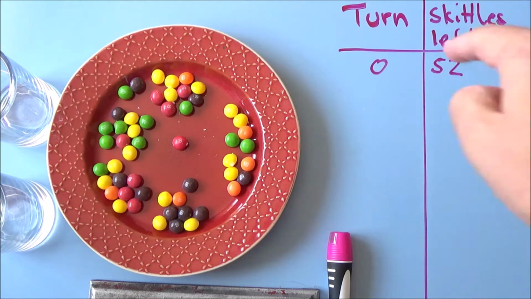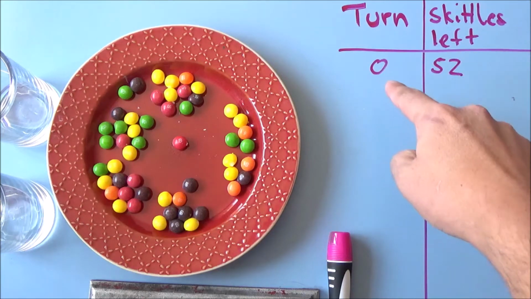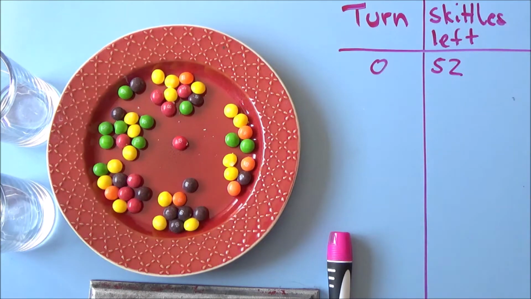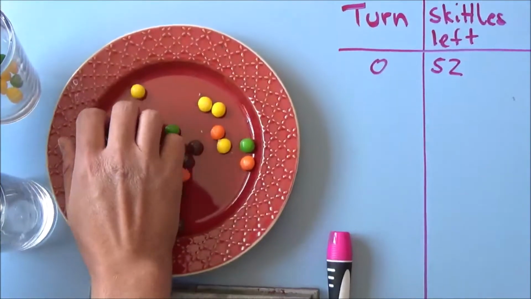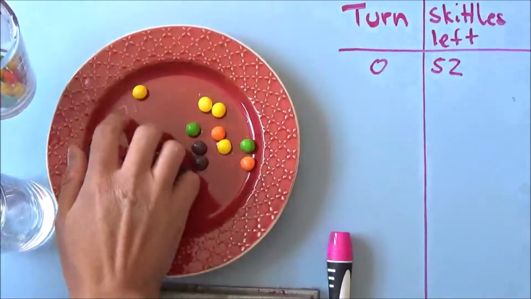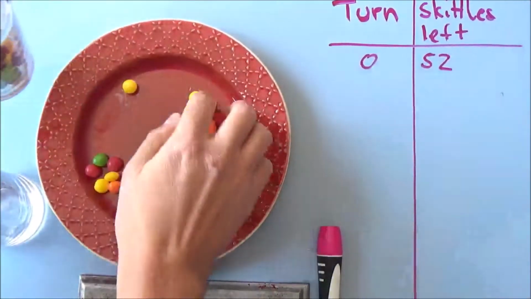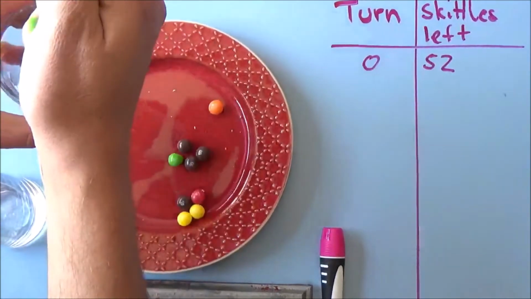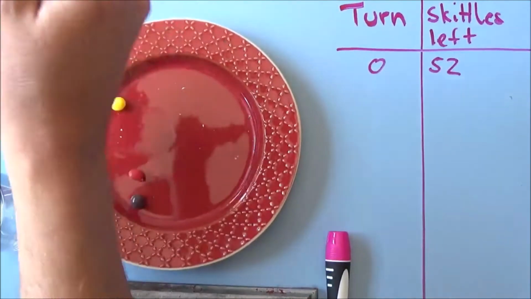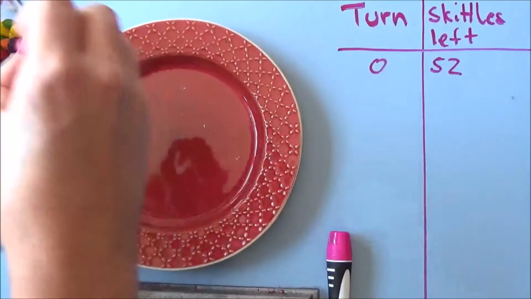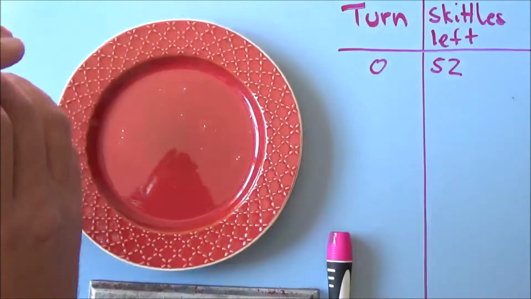We're going to start off here. We've got turn 0, so right now, before we throw anything, we've got 52 Skittles. I'm going to put them into a glass and throw them down, and any that lie S side up have radioactively decayed, and I'm going to remove them and keep count of the ones I've got left.